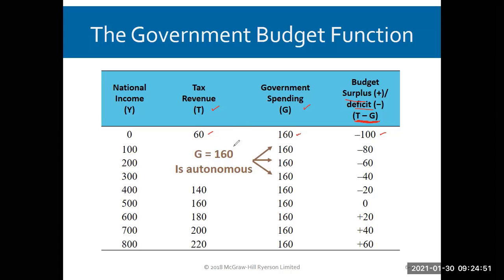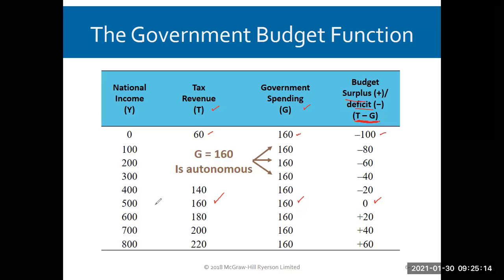Now, of course, as tax revenue rises with income rising, we're going to get a greater tax number, but subtracting the same fixed amount of government spending. So you'll see, let's say we get down to 160 taxes, 160 government spending, and we've got a balanced budget. Taxes just equals government spending. T minus G equals 0.